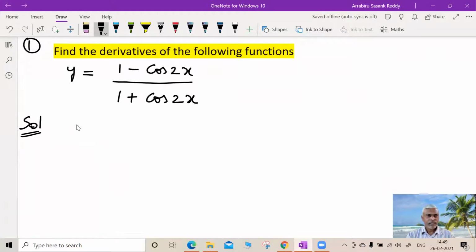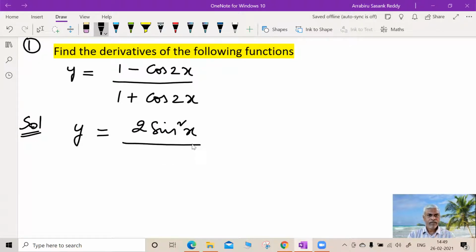So first let us simplify. So 1 minus cos 2x is 2 sin square x by using trigonometry formulae, and 1 plus cos 2x is 2 cos square x.